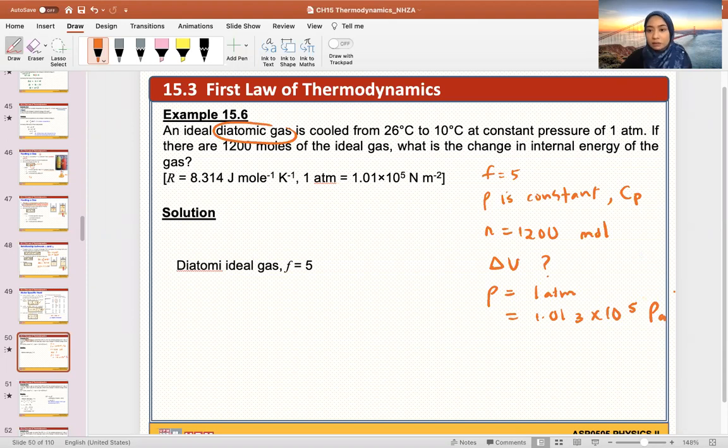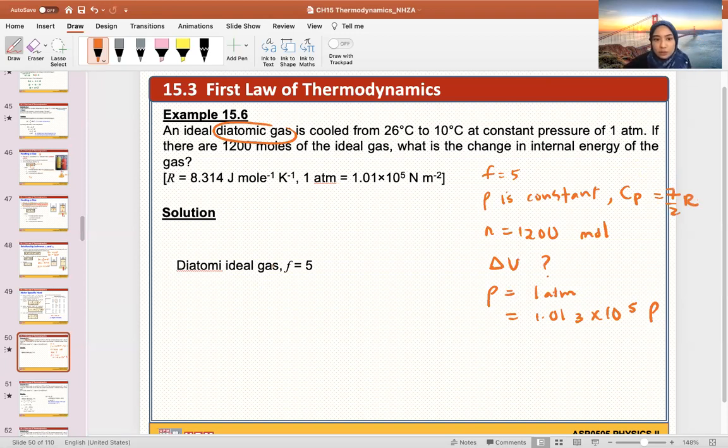You have the n, you have f, and you should use CP. CP for diatomic should be what? Is it 7? Diatomic f is 5, CP is plus 2, so 7. 7 over 2 R.